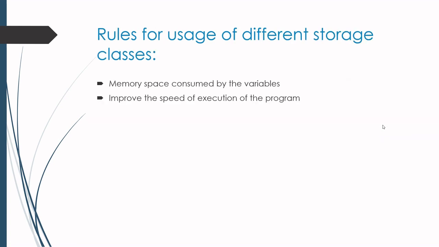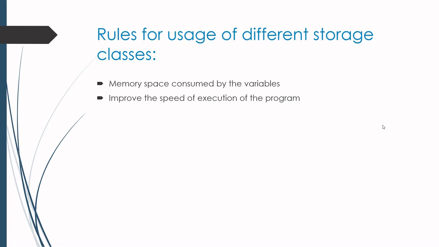Okay. And the next thing, rules for the usage of different storage classes. We have 4 types of storage classes. We can make use of any of them, but which one is best suited for us is mainly based on the usage of memory and the speed of execution of the program.